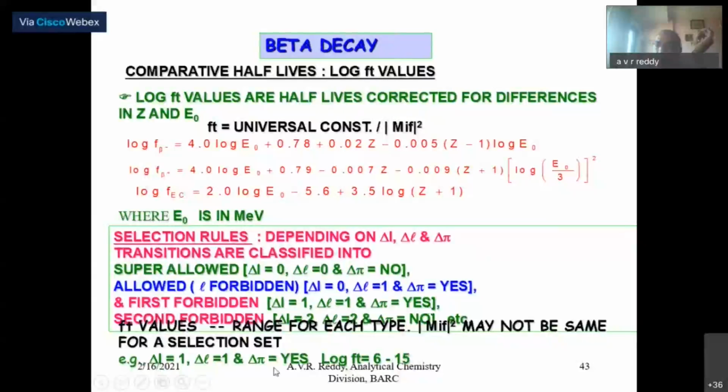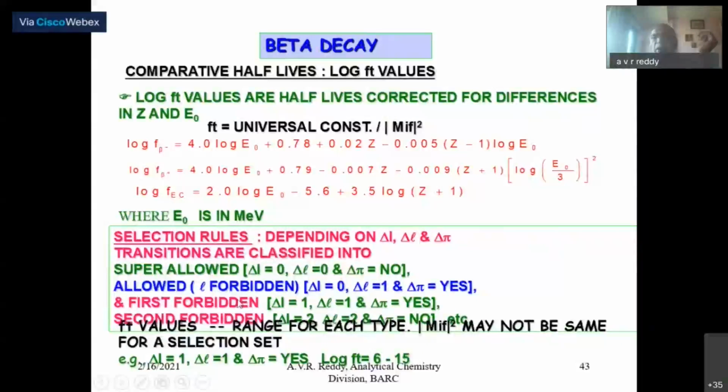First forbidden. And they will have a log ft value of 6 to 15. Whereas for this, the log ft value will be around 1. So it is really super low. So using those values, we can also compute the half-life, or use the value and get the f. If you have the measured half-life, you can get the log ft value, and so on and so forth.